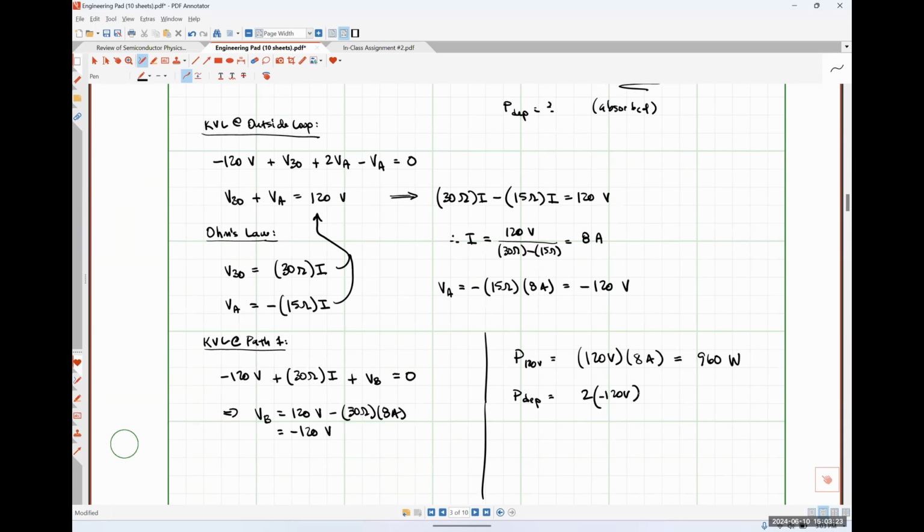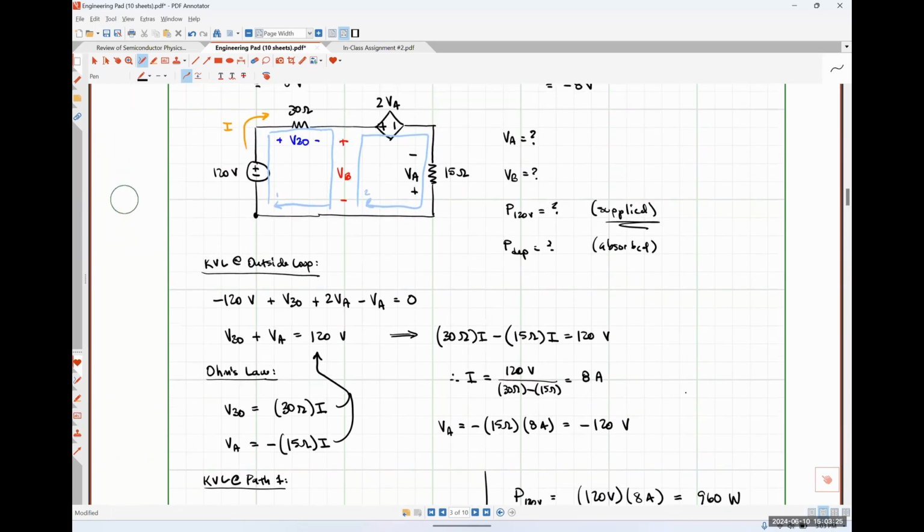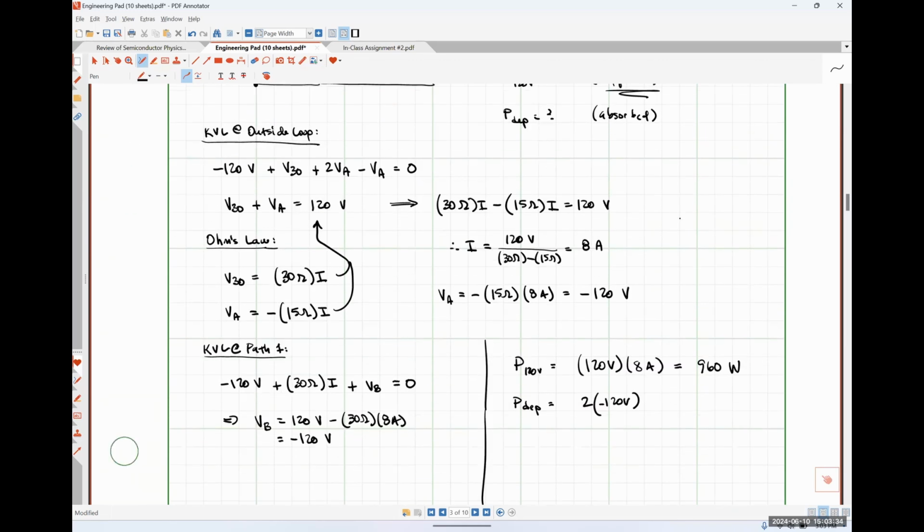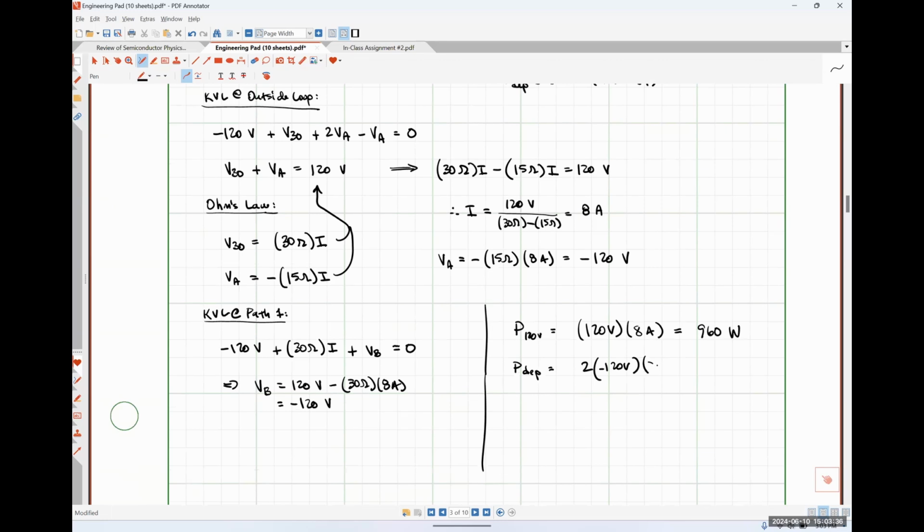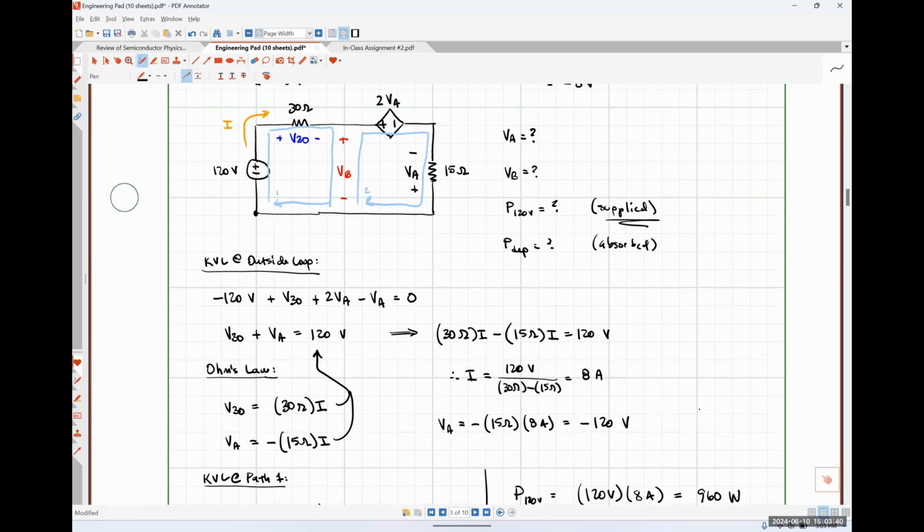What's the current flowing through our dependent source? Still 8 amps. All right. And the current is flowing into the positive or negative polarity terminal of our dependent source. Positive. All right.